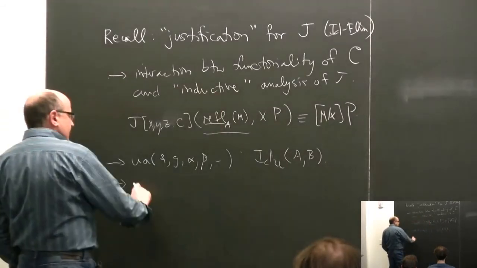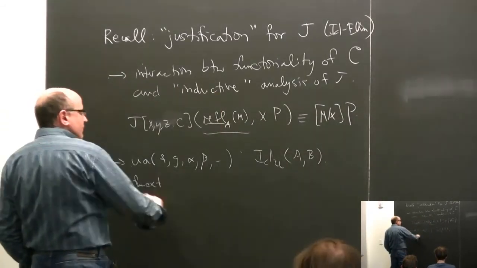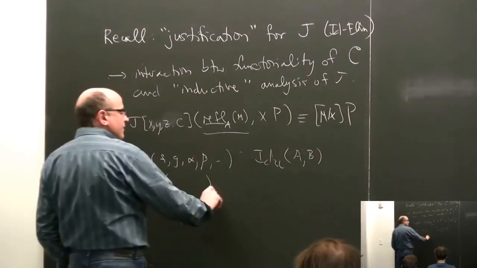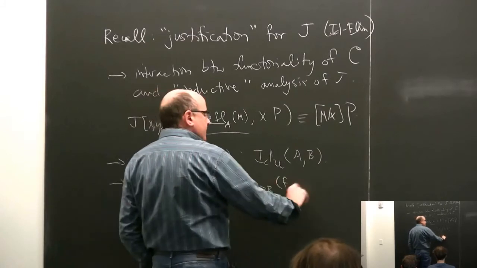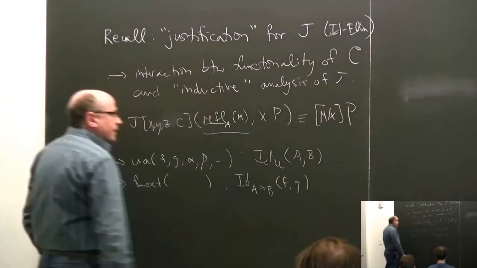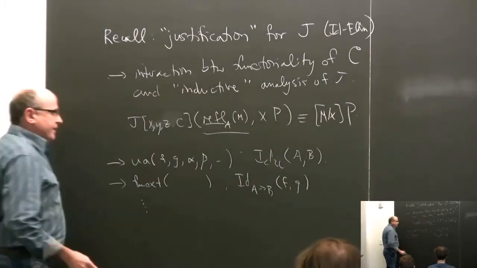And we were also talking about funext. Let me not write that out. We had function extensionality, which was the identity, a path between two functions in the function space, and I mentioned there's going to be other things.